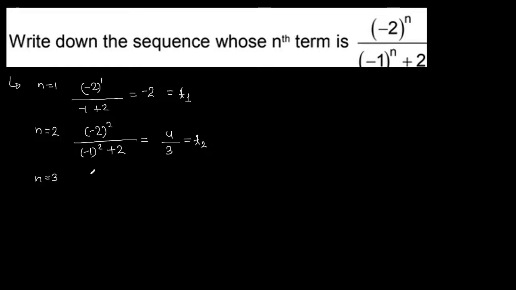n equal to 3: (-2)^3 whole divided by (-1)^3 plus 2. This is -8 upon 1.